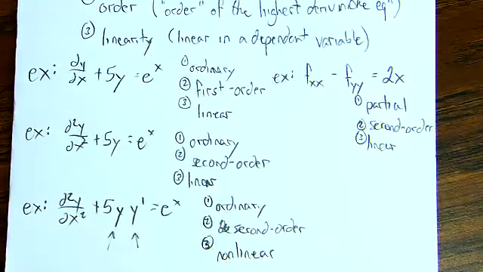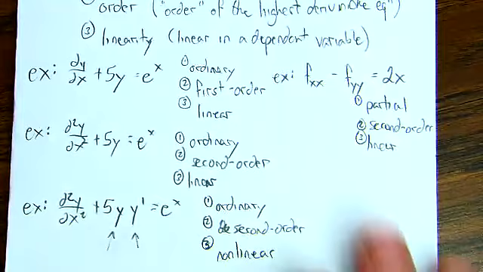If there are two independent variables, or more, then it is a partial differential equation. We look at the highest order of the derivative, that is the order of the differential equation, and we look to see if any of our dependent variables are multiplied by each other or their derivatives. And that's how we classify differential equations at this stage.